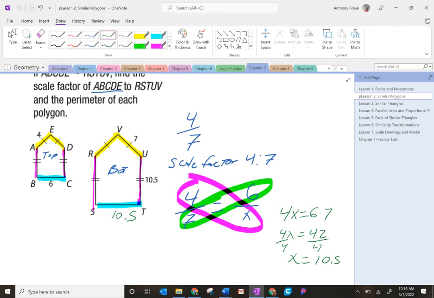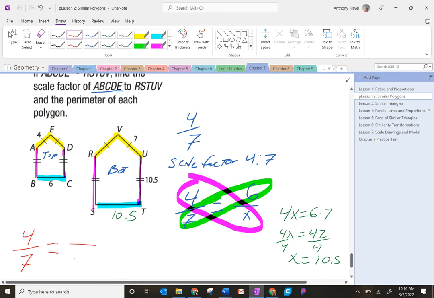Okay. Now, if I want to figure out that other side, I can either figure out the other side or I can go through and just figure out the perimeter and do the same scale factor again. But if I want to do that other side, I'm just going to go ahead and do it for fun. I still have that same fraction, 4 over 7 equals. Okay, the other choice that we had was 10.5.